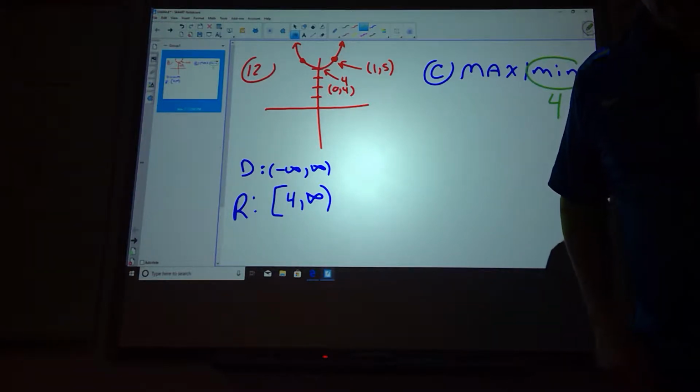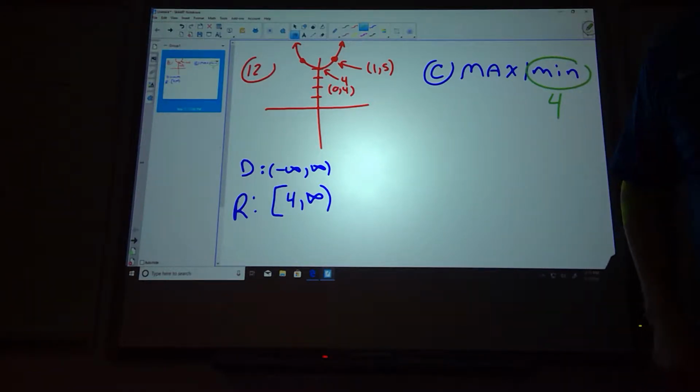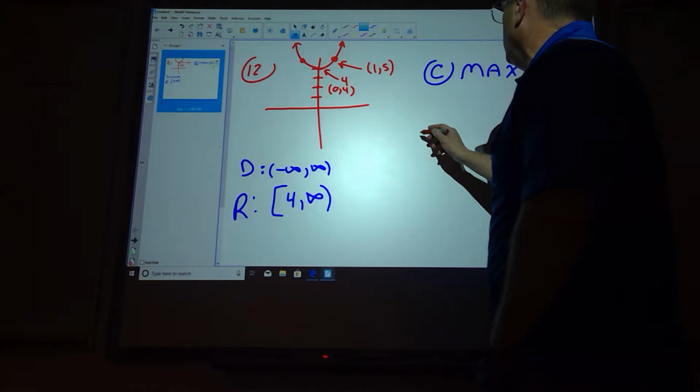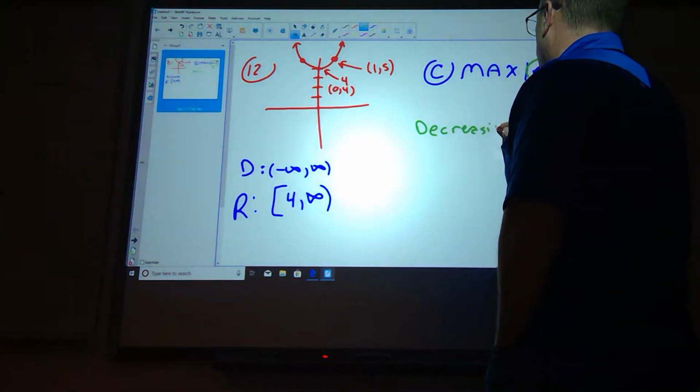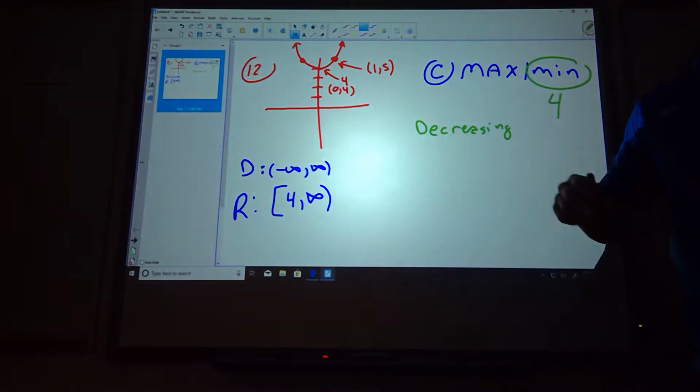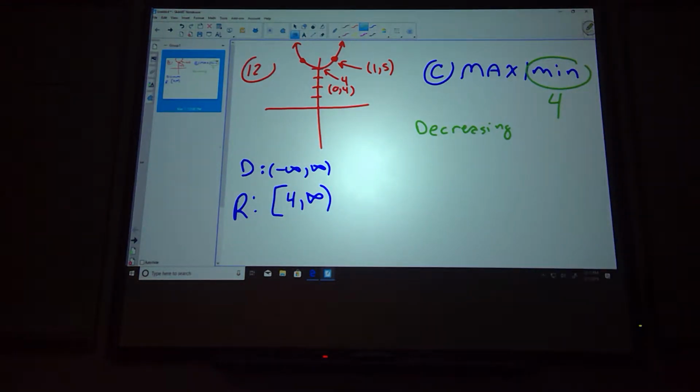Okay, letter D. The intervals where it is decreasing. Ooh, decreasing. Okay, so remember this. If it's decreasing, if I was on the side that was decreasing, if I picked 2 of those points and I found the slope using my slope equation, which is like so last year, that would give me a negative slope.